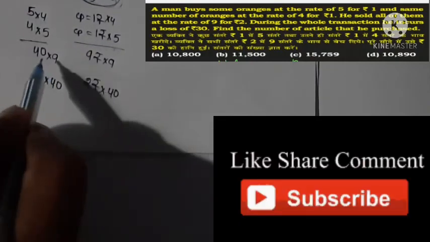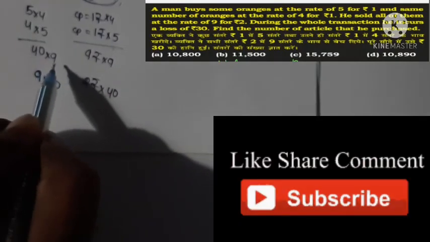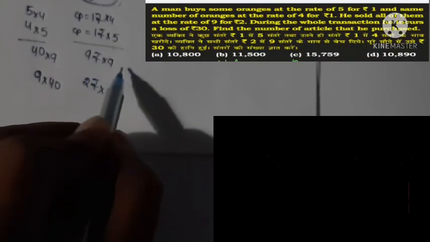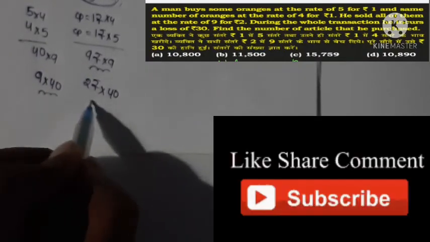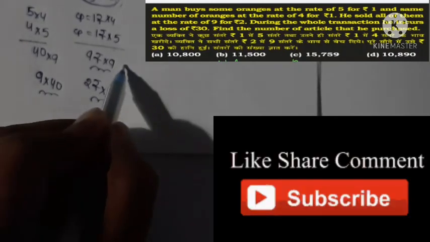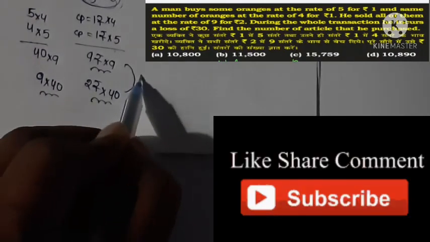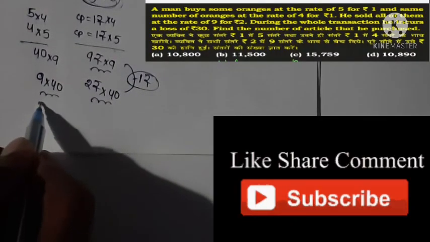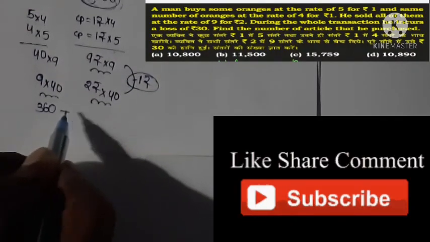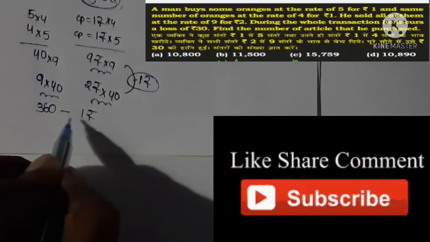Here the 360 articles cost price is 81 rupees, and the 360 articles selling price is 80 rupees. Here the loss is 1 rupee. So for 360 articles the loss is 1 rupee.